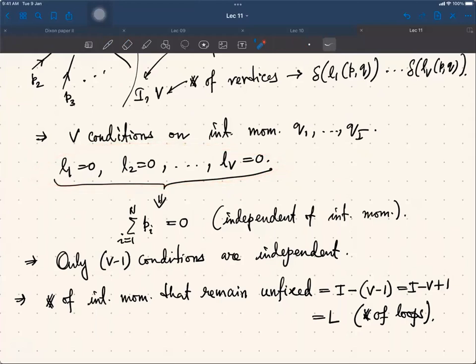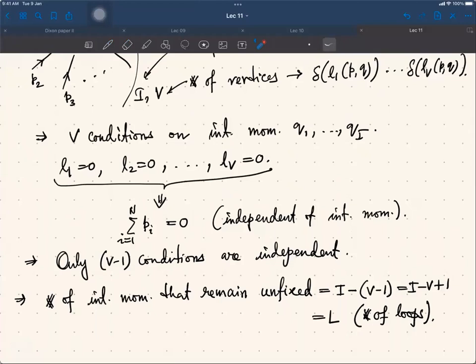And we know that the momentum integrals within the Feynman diagram are the ones that are running in the loop. So for each loop there is a momentum that is integrated. So the number of non-fixed internal momenta is the same as the number of loops of the diagram.